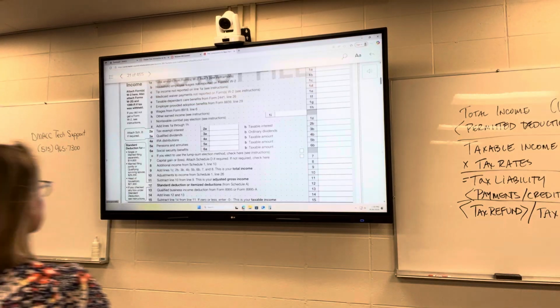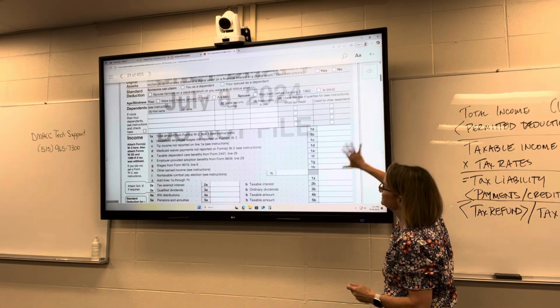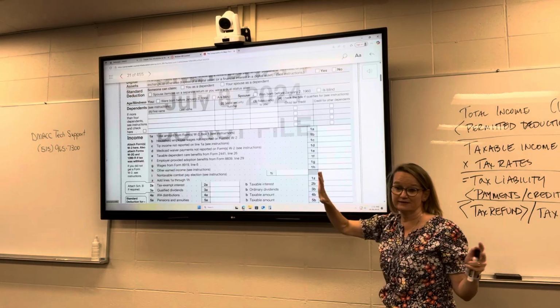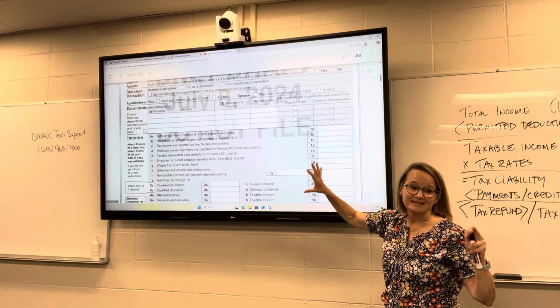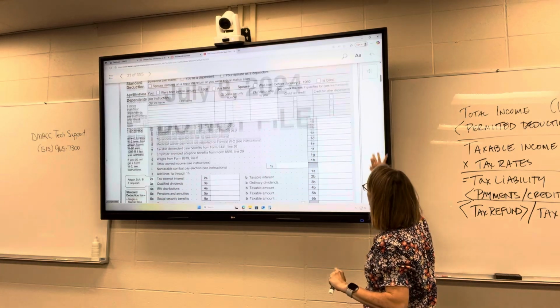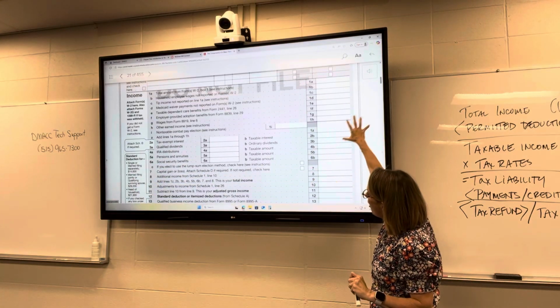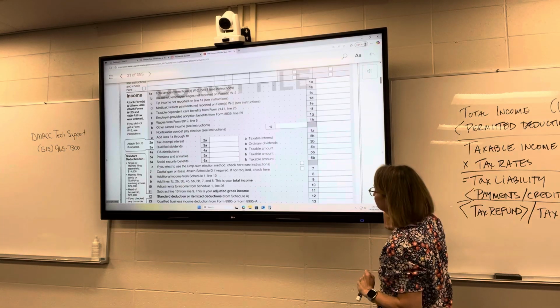These are all different types of income, and some of them get treated differently than others. Some of them have their own tax rates. That's going to be chapter 3. You'll like that one. So all income gets added up, totaled onto line 9.